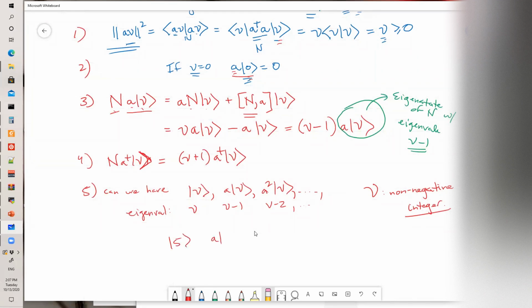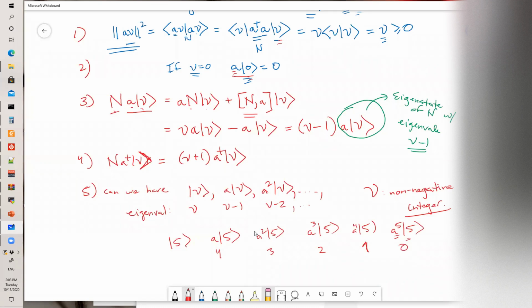If you act with A on 5, you get eigenvalue 4. A squared on 5, you get eigenvalue 3. A cubed on 5, you get eigenvalue 2. A fourth, 1. And then when you act on 5 with the lowering operators, you'll get to 0.